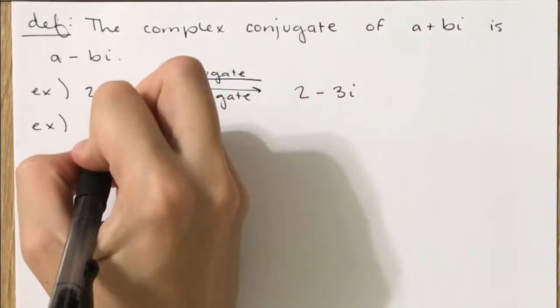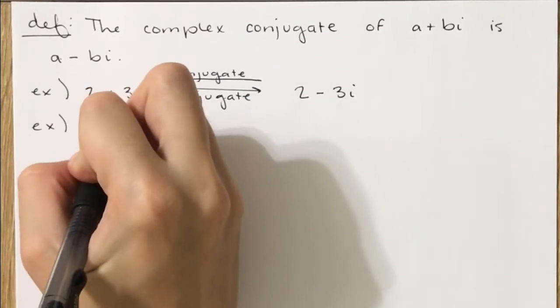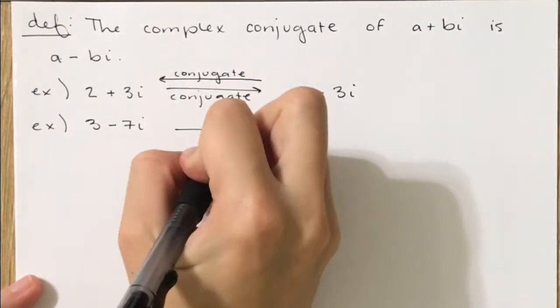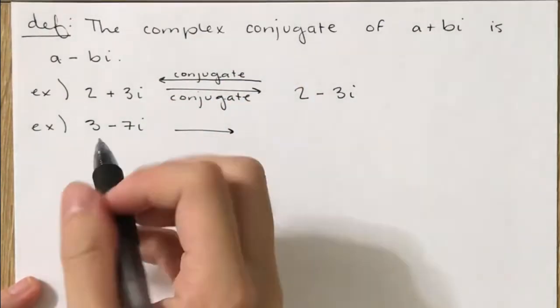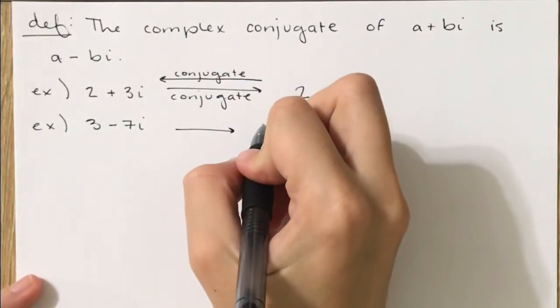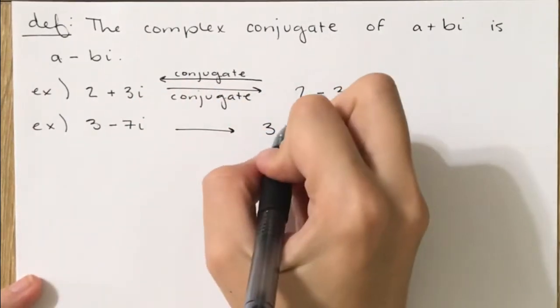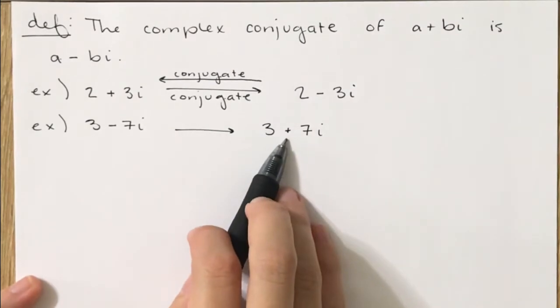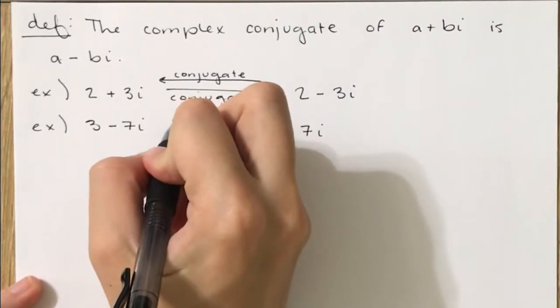Okay, second one, let's say we had 3 minus 7i. Well, if I find the conjugate of this, what is that? We flip the sign of the imaginary part, so I have 3 plus 7i, and vice versa.